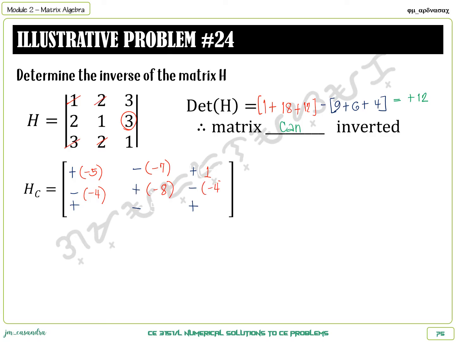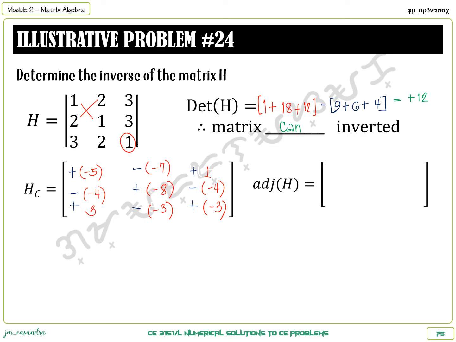So that's negative 4. So for the last row, so 3, 1, it's 2 times 3 minus 3, that is positive 3, 3, 2, that is now 1 times 3 minus 2 times 3, that's negative 3, plus our last element, that is 1 times 1 minus 2 times 2, that is now negative 3.